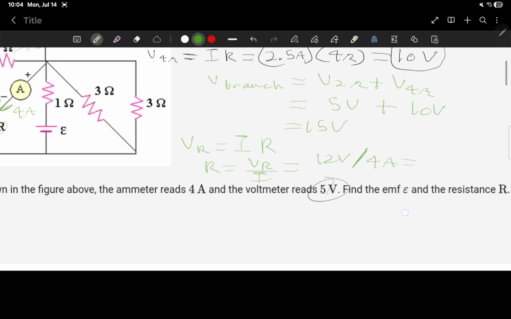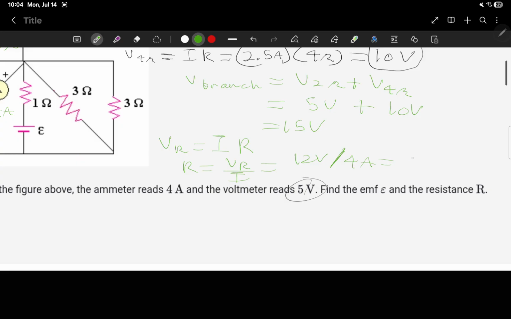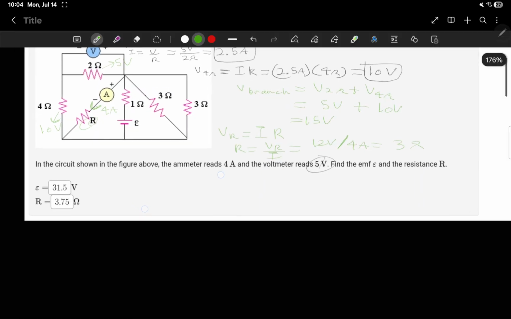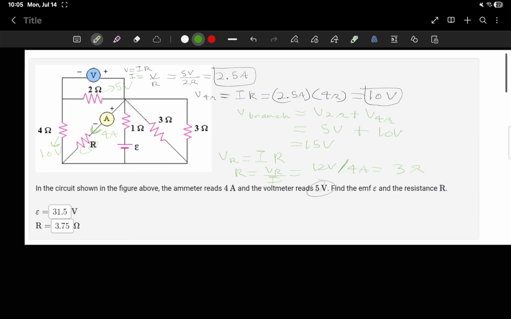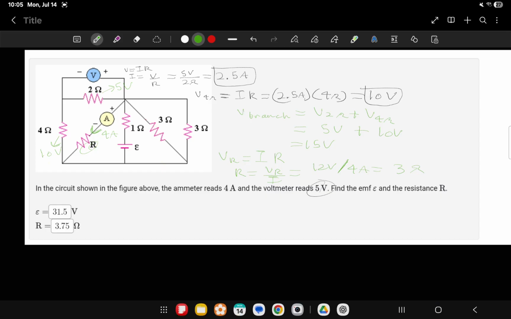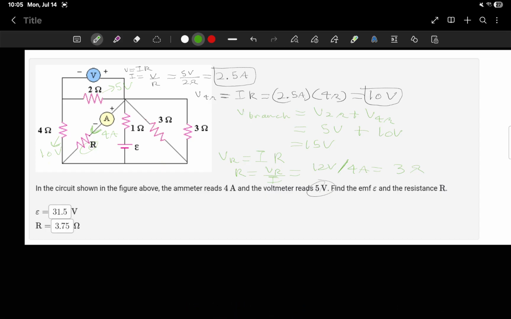That is going to give us 3 ohms, and let me double check. Okay, so I've messed this up somehow. Why is it 3.75? Did I get the question wrong? Whatever.